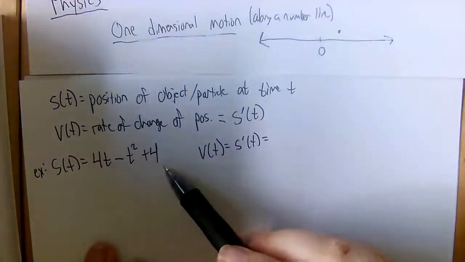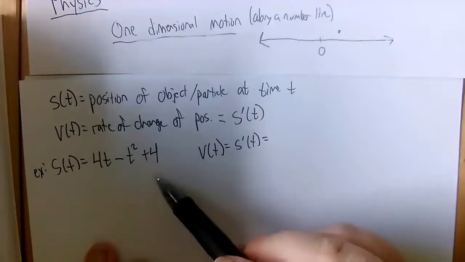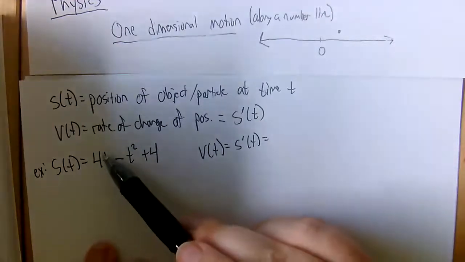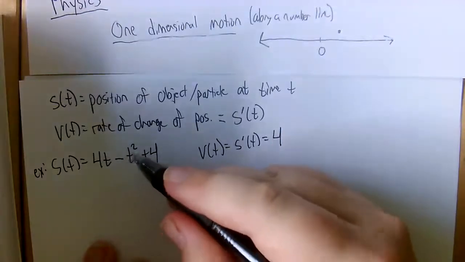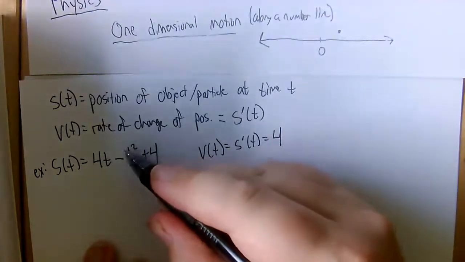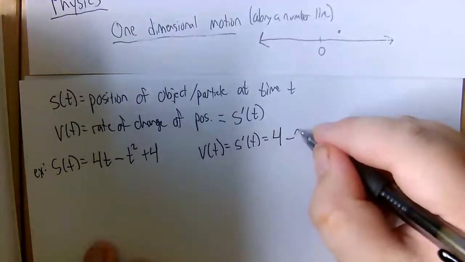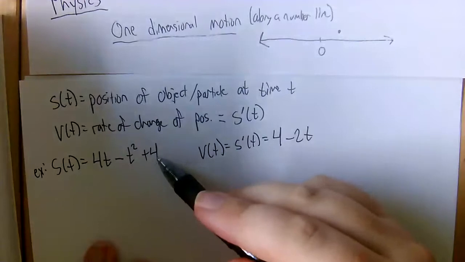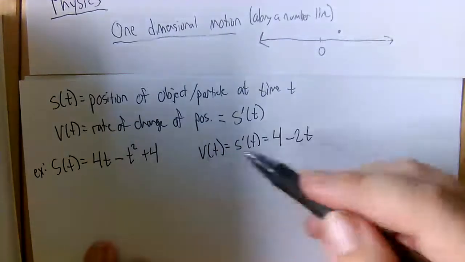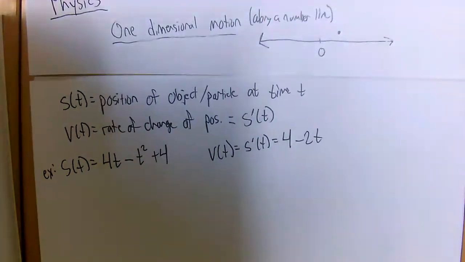So I do the derivative of this, and now we know how to do this easily without using the limit definition. We do the derivative of 4t, and we get 4. We do the derivative of negative t squared, bring the 2 down, lower this to have negative 2t. And then we do the derivative of the constant 4, which will be 0. So our velocity is 4 minus 2t right here.